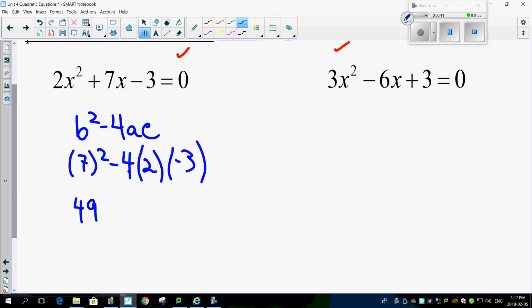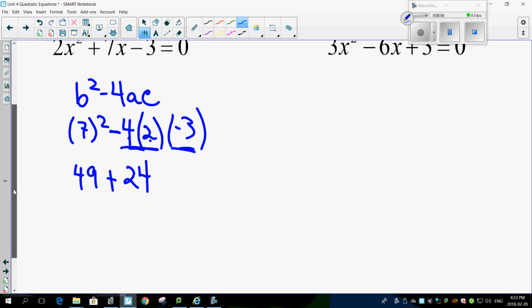Right? 4 times 2 is 8, times a minus 3. So you got minus 8 times minus 3, which is positive 24. Add this up. That's 73. Answer is 73. Question, is that square rootable?